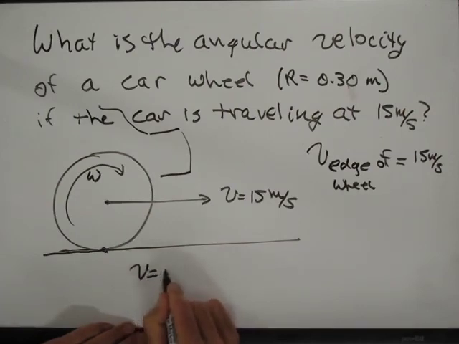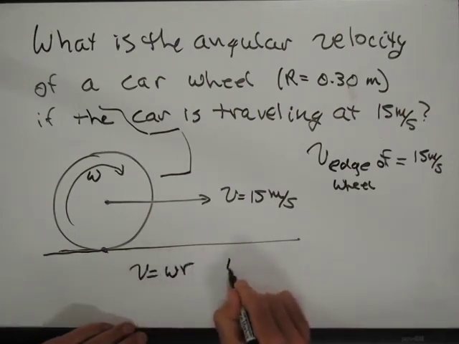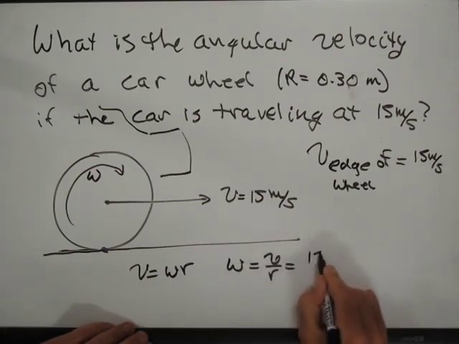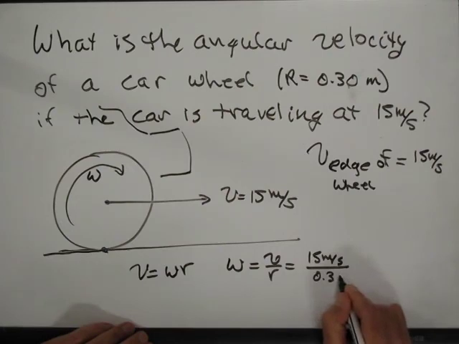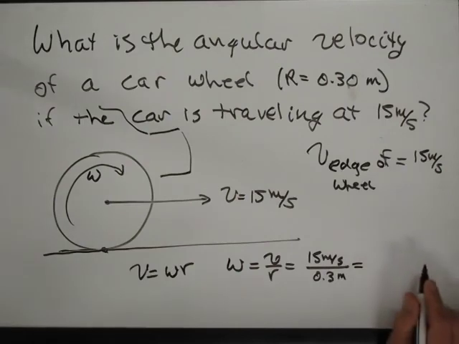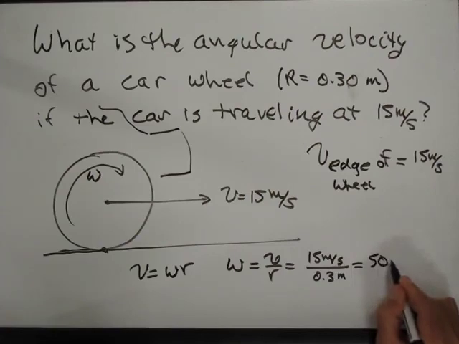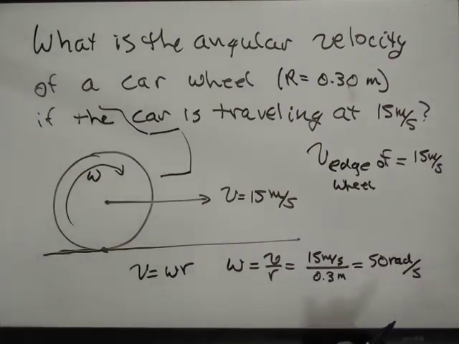And since v is equal to omega times R, omega, which is what we're after, is v over R, which is 15 meters per second over 0.3 meters, which is 50 radians per second. And so the angular velocity is 50 radians per second.